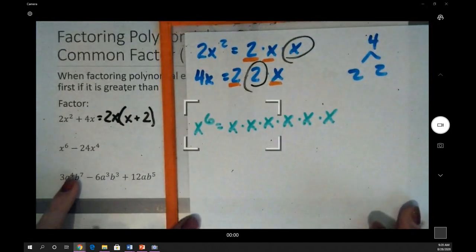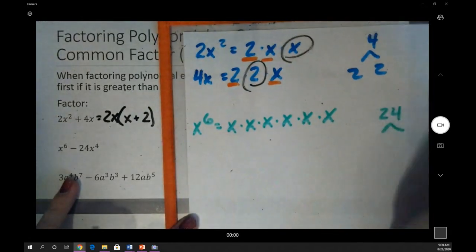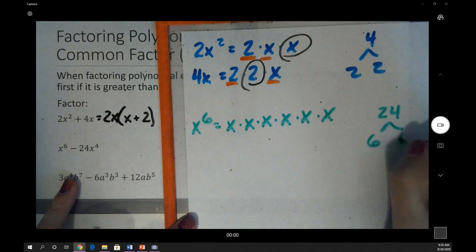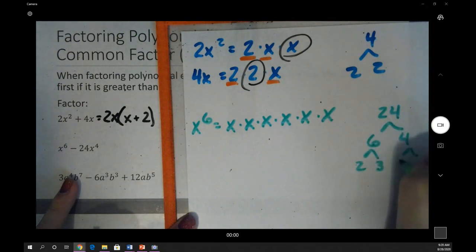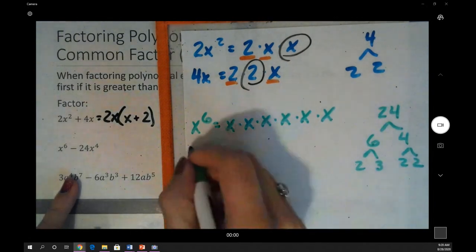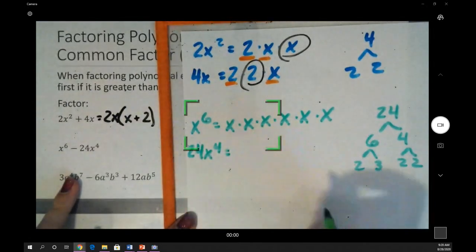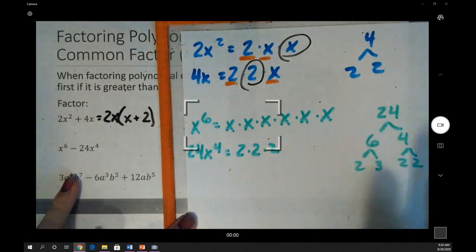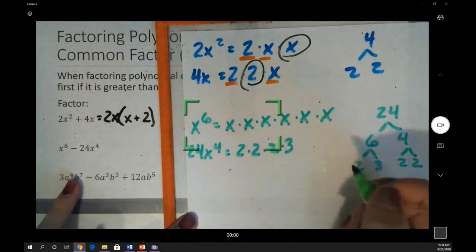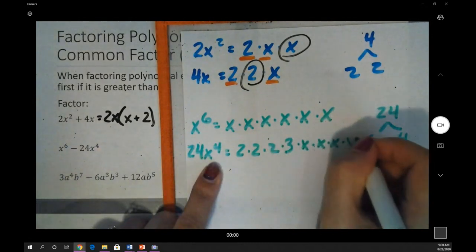Negative 24x to the 4th, well, let's figure out what 24 breaks down into. 24 is 6 times 4, 6 is 2 times 3, 4 is 2 times 2. So 24x to the 4th is equal to, I have 3 factors of 2, a factor of 3, and then x to the 4th is x times x times x times x.